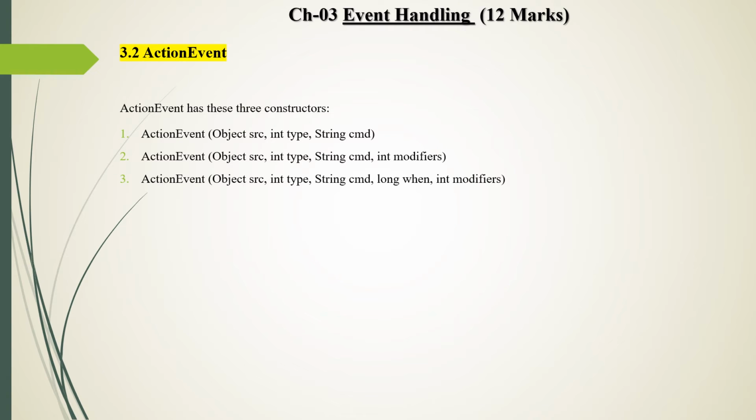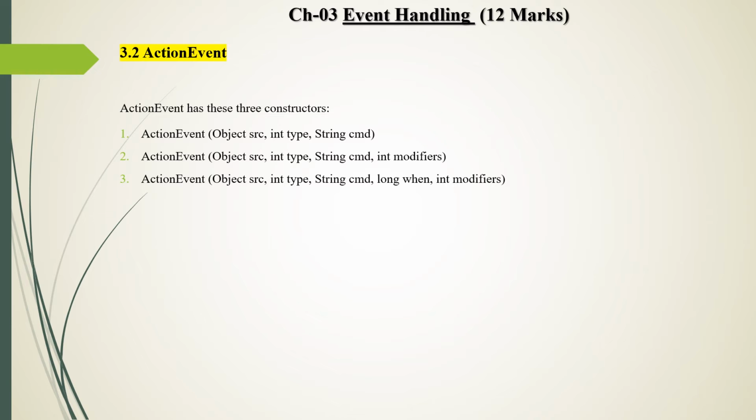And third constructor of action event class has five parameters. First one is object source, second one is integer type, third one is string command, next one is long when, and last parameter is integer modifier.